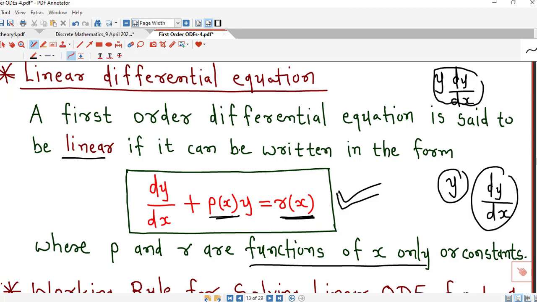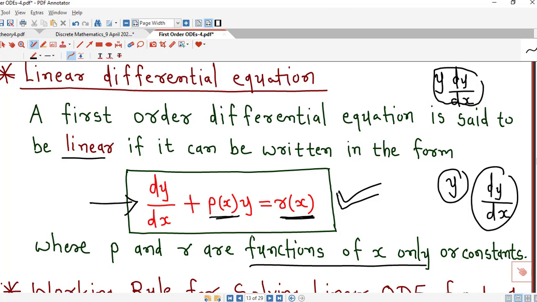So we will remember, if we are able to write our differential equation in the form dy by dx plus some function of x into y equal to some other function of x, then the differential equation is said to be linear.